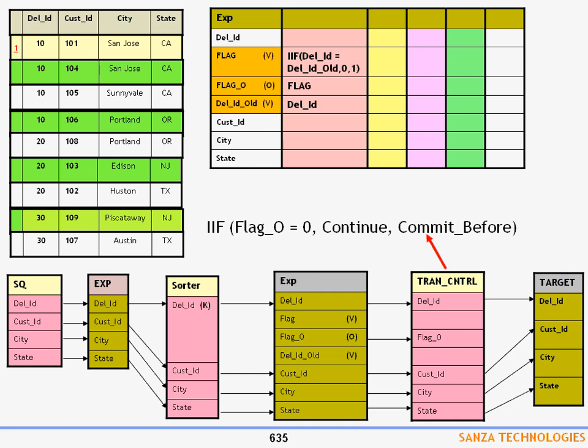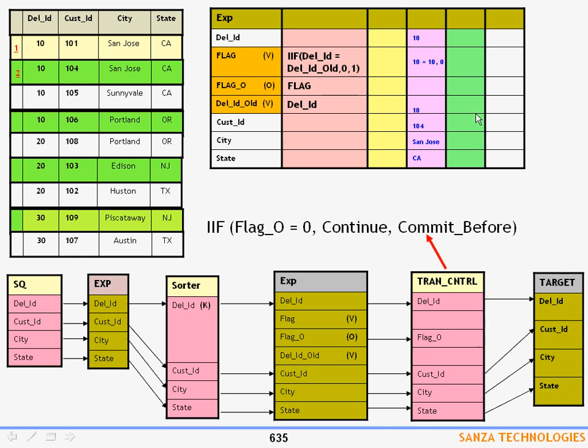I'm giving an explanation. Next, the second record comes out of the sorter transformation and goes as an input to the expression transformation. Now it will check: if dealership ID, that is the input, is equal to old, which stores the previous value, that is 10. If 10 is equal to 10, then it will return 0.